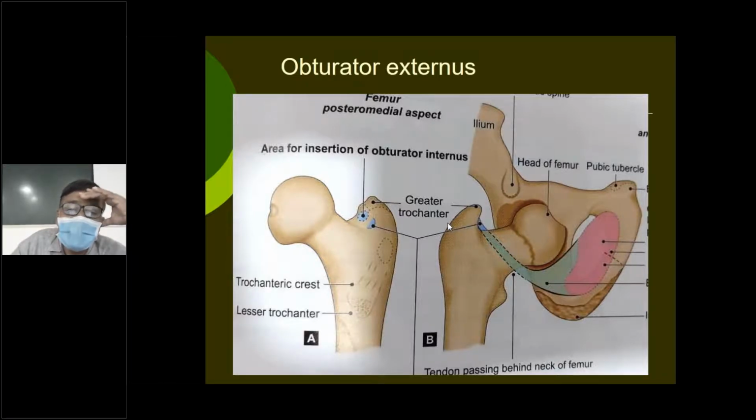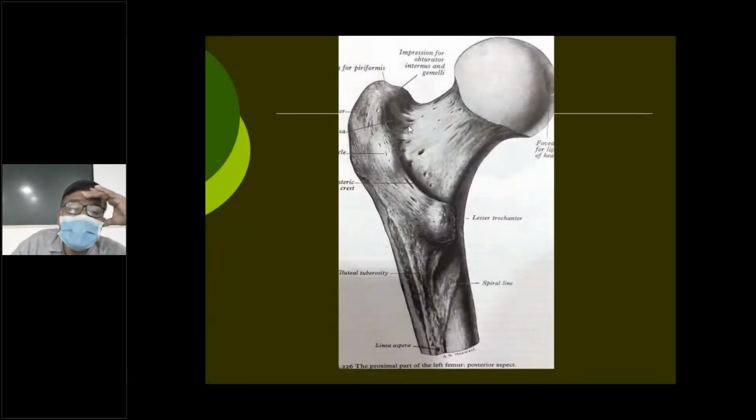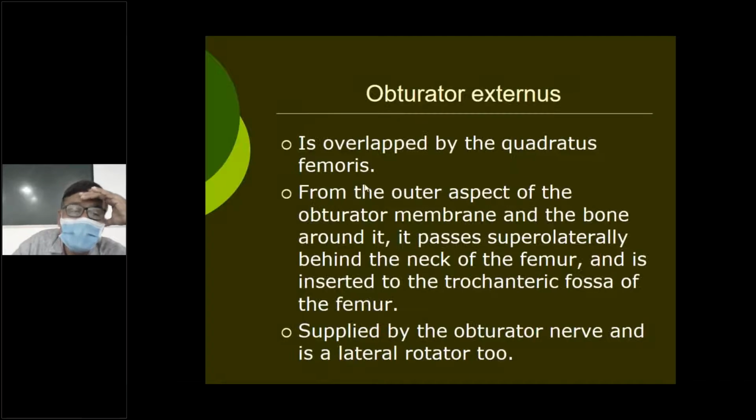But on the greater trochanter, if we see carefully, there is a depression here, what is called the trochanteric fossa. That is the insertion of the obturator externus muscle. Firstly, you must know it is overlapped by the quadratus femoris.